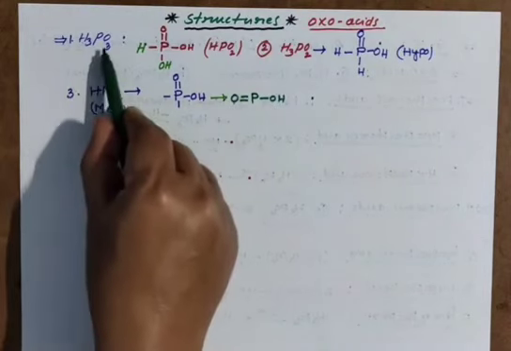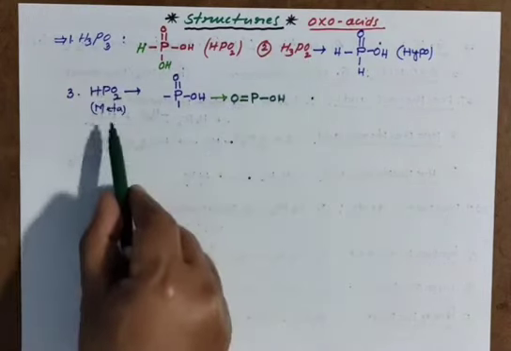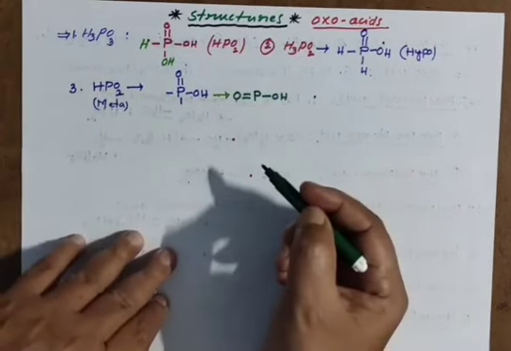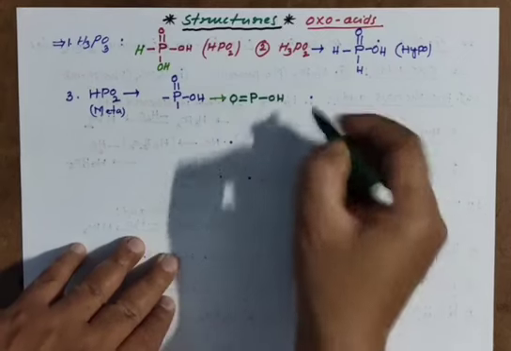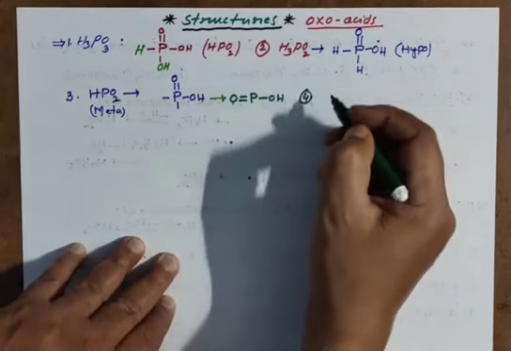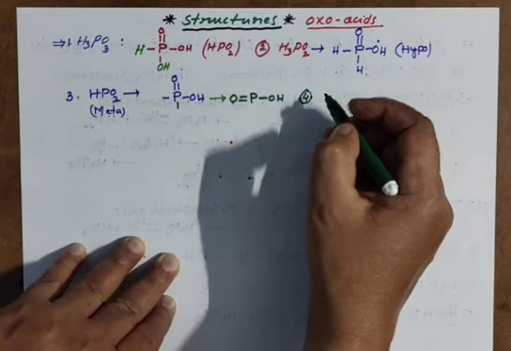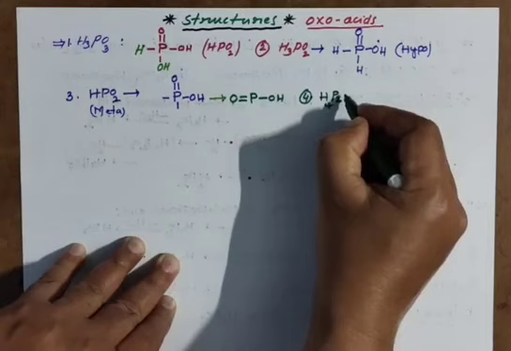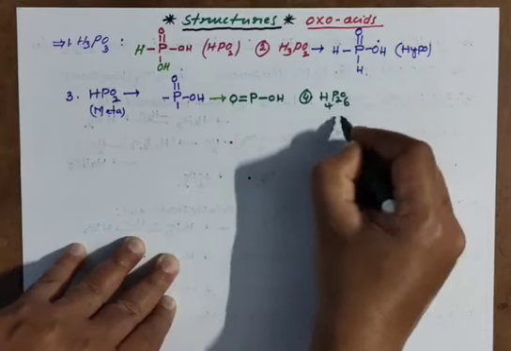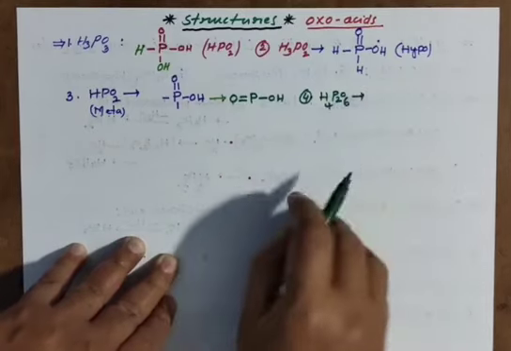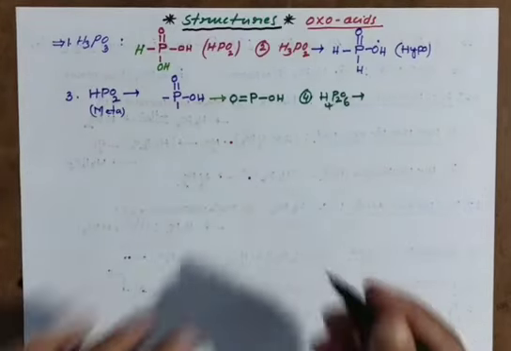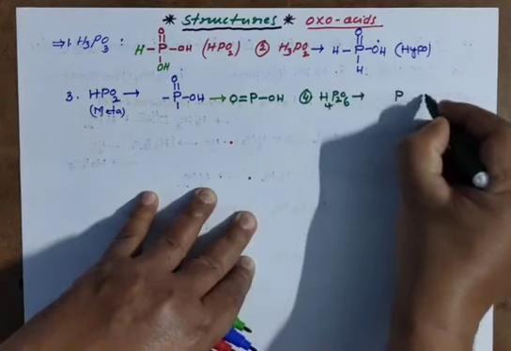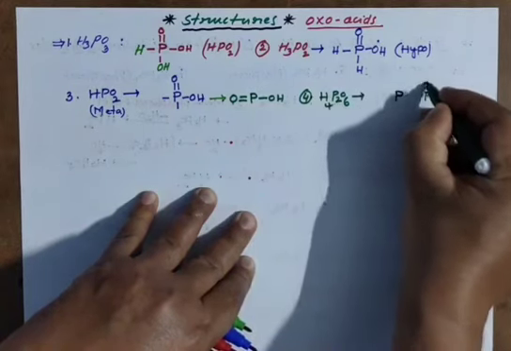So H3PO3, H3PO2, and HPO2: meta is the basic unit of phosphorus. The fourth structure I gave is pyro, H4P2O6, pyrophosphorus acid. Here there are 2 central phosphorus atoms. What is the basic unit?